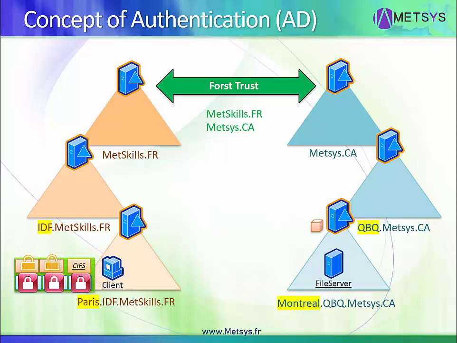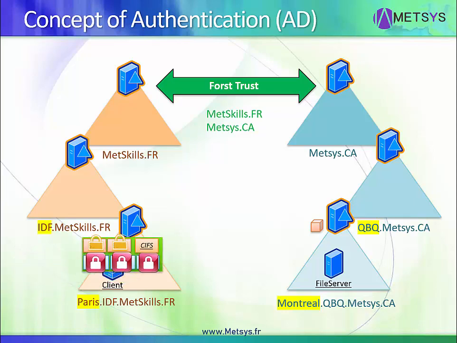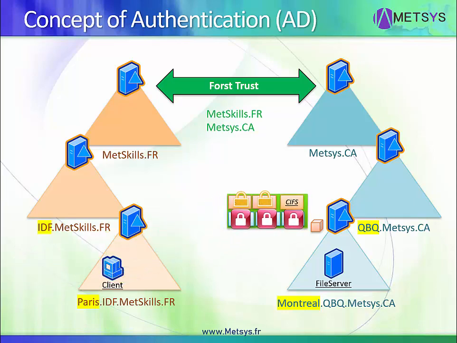Once it is done, it is ready to send it back to the KDC of Montreal. The packet will be sent back to the DC, and the DC will take a look at this SPN and will see that this SPN maps to a file server which is inside its domain. So KDC knows that it is authoritative to answer this request.